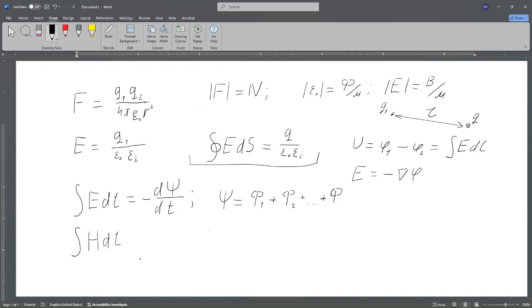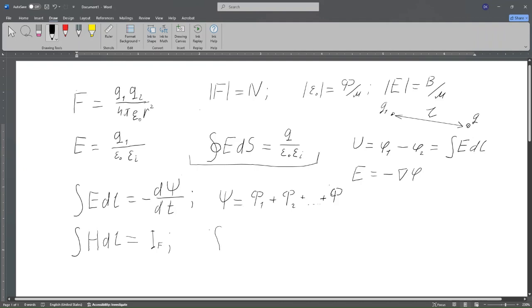The integration is made along the contour L and equals the full current along this contour. And the fourth Maxwell equation is about magnetic field in integral form.